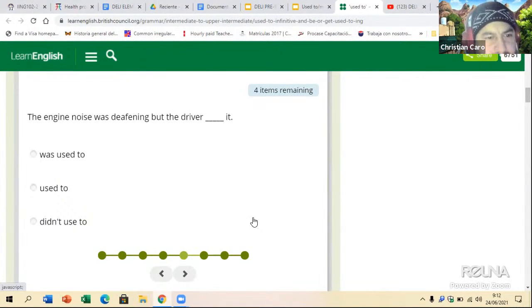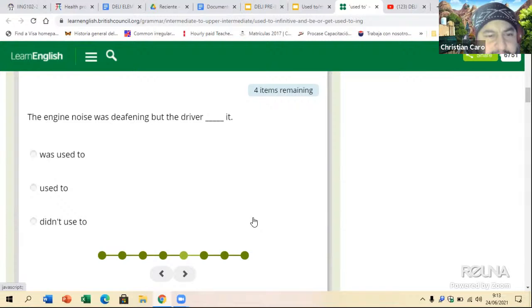The engine noise was deafening, but the driver was used to it. The driver used to it. The driver didn't used to it.